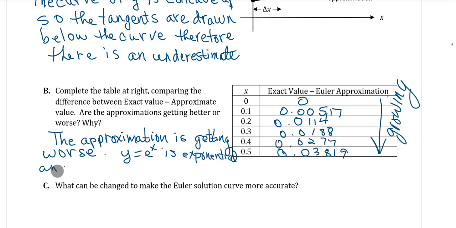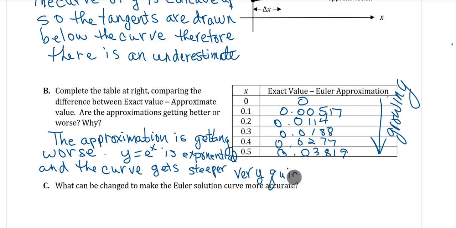And the curve gets steeper very quickly. So the slopes at larger x's are going to be much steeper than they are for smaller x's, so that difference between the two curves is going to grow.